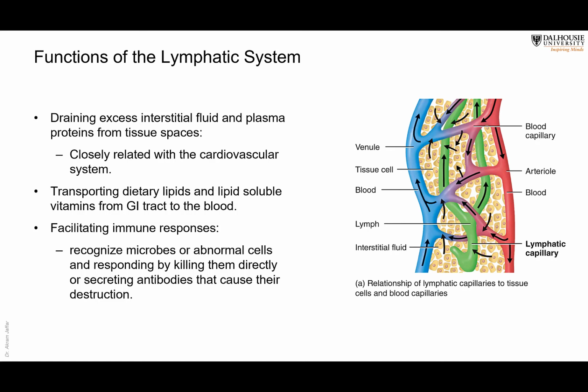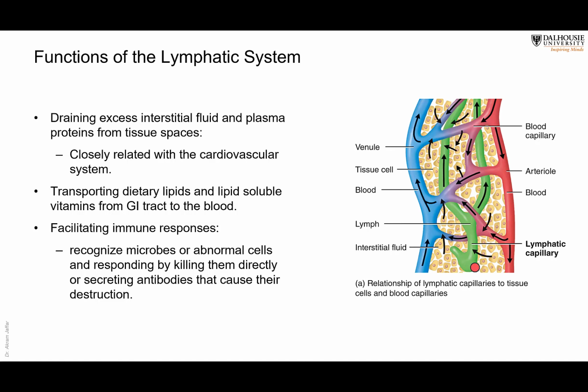Sometimes there are lipids, like the ones that are absorbed in the small intestine, so they cannot return by the cardiovascular system, so they will return by these green capillaries. These are the lymphatic capillaries, and you can see that the lymphatic capillaries start as blind-ended. There's no circulation.